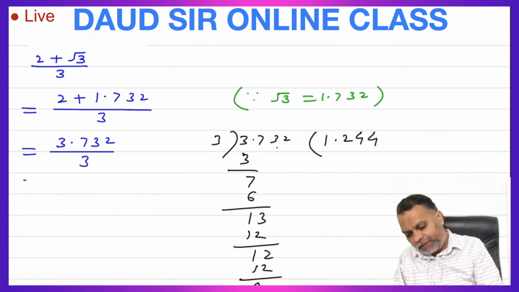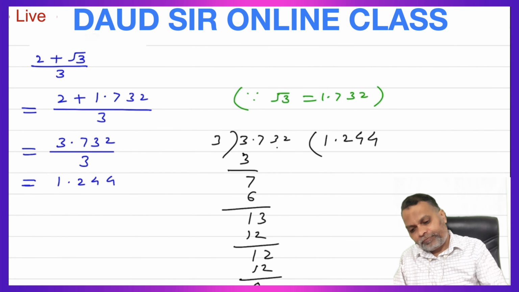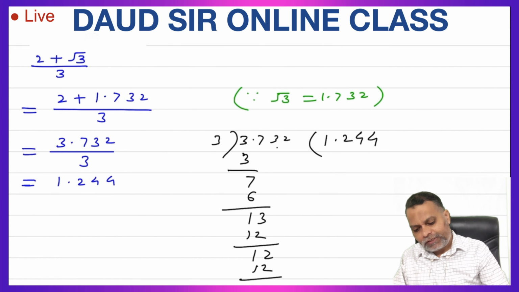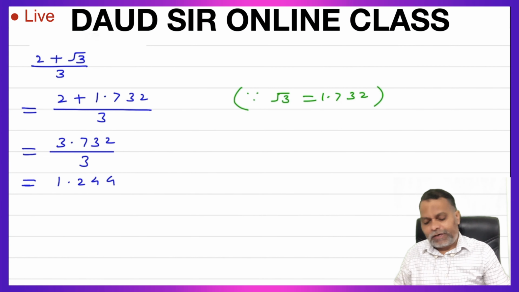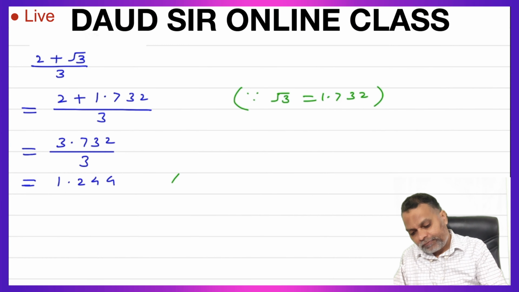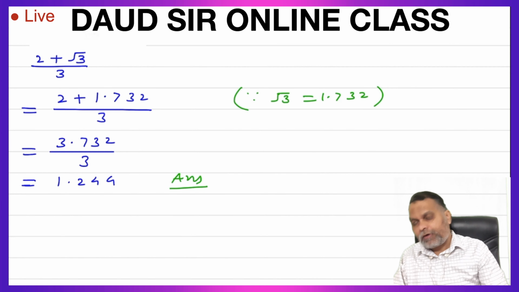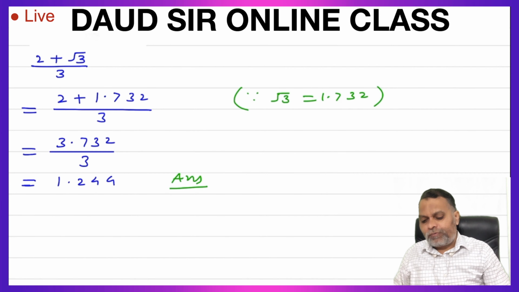So this is 1.244. We can rub this, and this is after decimal only 3 digits. So this is the correct value: 1.244.